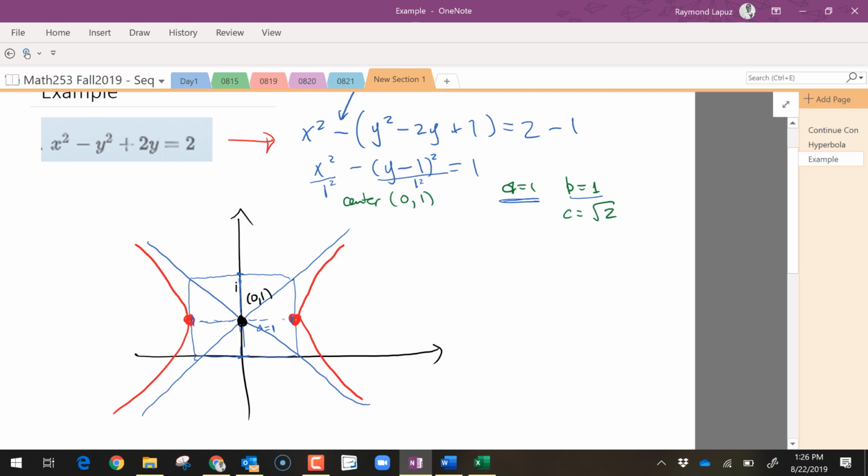Okay. Anything else? Those are good clarifying questions. This is a pretty algorithmic process. And so if you just follow the algorithm, you'll be all good.